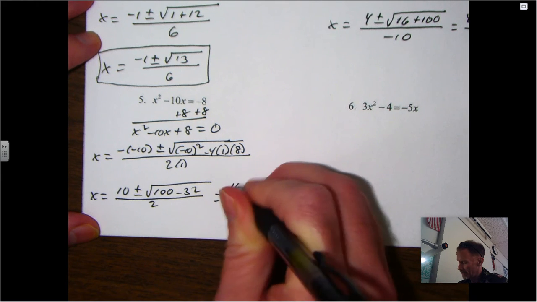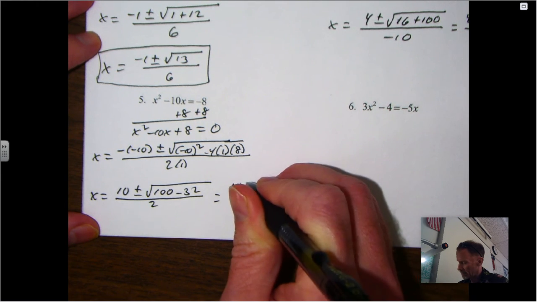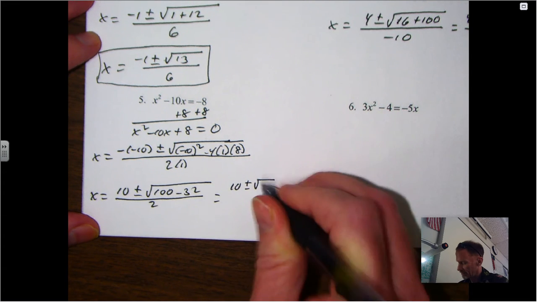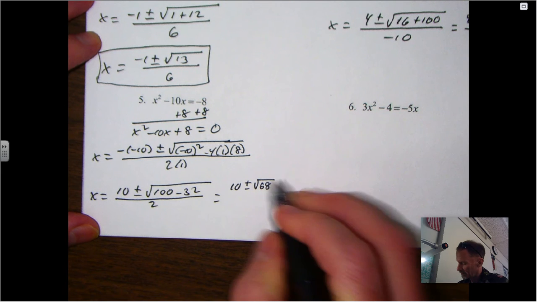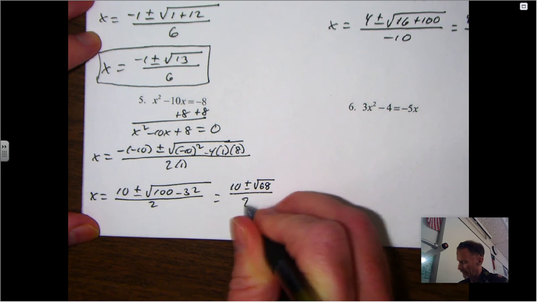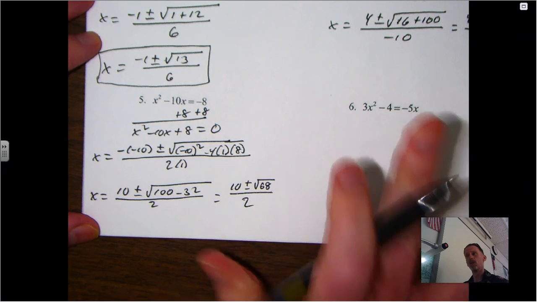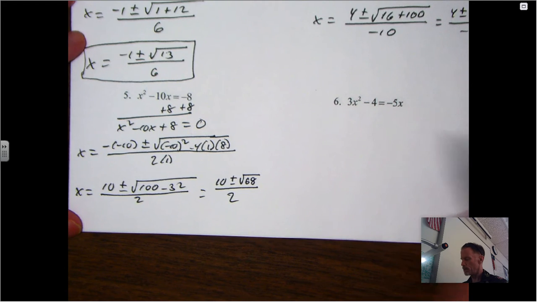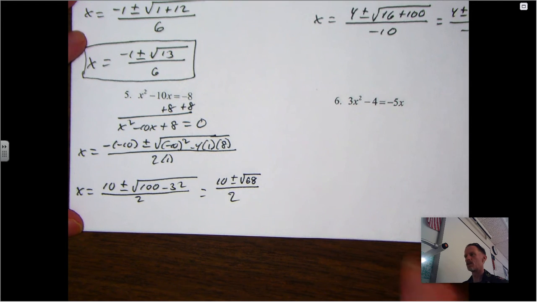And that's going to be 10 plus or minus the square root of 68 over 2. And again, mathematically equivalent, good. Go ahead and pause the video one more time. Do that last one. Again, we've got to make sure it's equal to 0 first, and then we'll do that last one and wrap up.